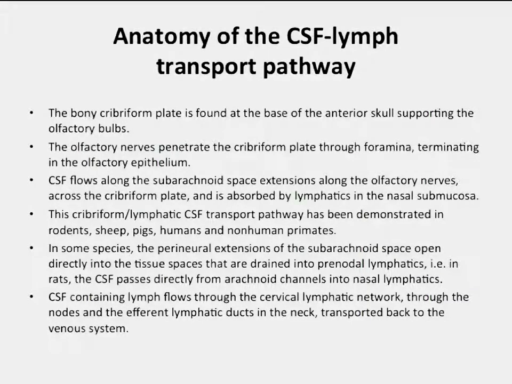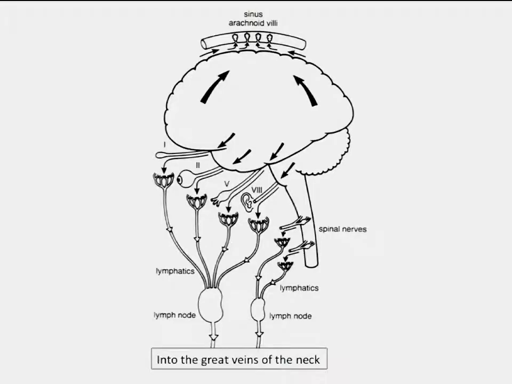It's been demonstrated in rodents, sheep, pigs, humans, and non-human primates. In some of the lower species, like rodents, it drains almost directly, connected exactly with the lymphatics. That is, the lymphatics open right up to those subarachnoid spaces next to the nerves. So in addition to the classic pathway, you have this mechanism by which a significant amount of fluid and antigens are drained via lymphatics into the lymph nodes in the head and neck, and then into the great veins of the neck.